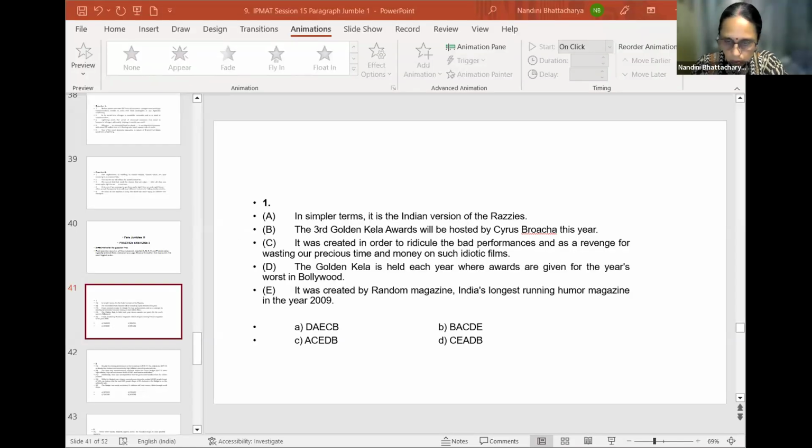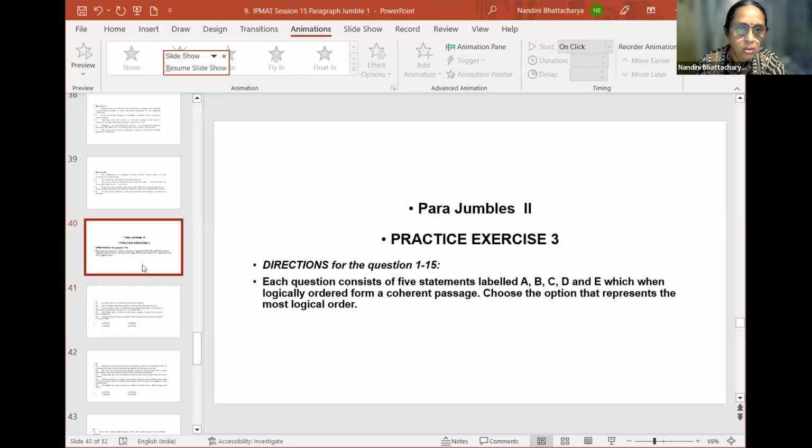So now we can move on to practice exercise 3. I think this will come in session 16. I think they have put it in the second volume. If you have the second volume, fine. Otherwise, we can continue from here.